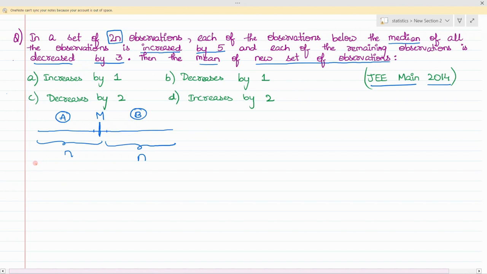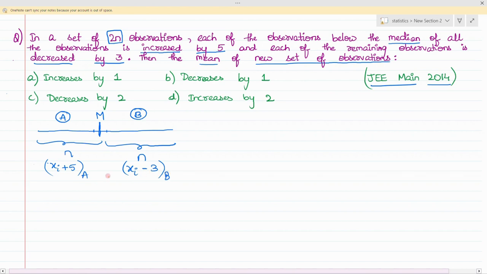So basically, if there are xi observations from 1 to n, now they are increased by 5, so it becomes xi plus 5. And the observations in the B group are decreased by 3. So initially if it is xi, and this belongs to the B group, now it becomes xi minus 3.